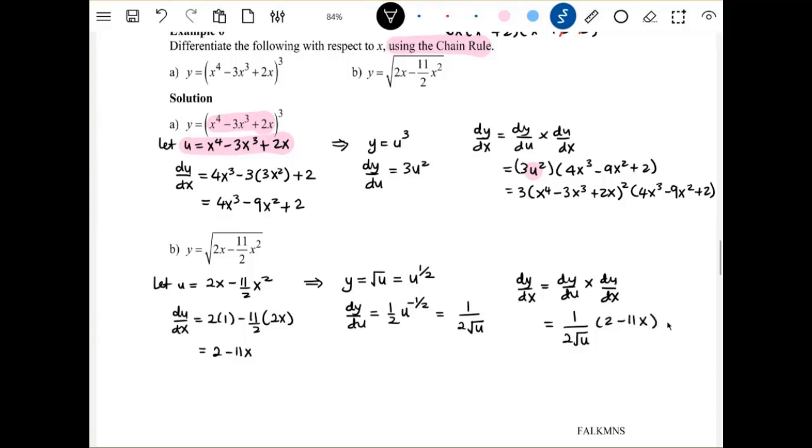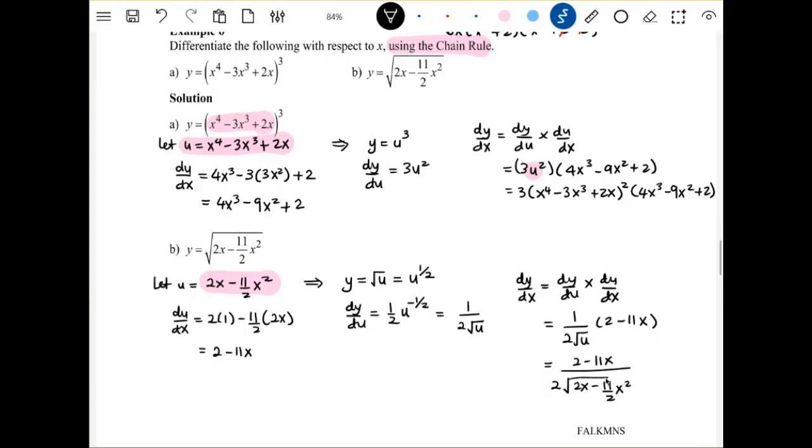Okay, so simplify by substituting u back in terms of x. So we will find the top part is 1 minus 11x. The bottom part is 2 square root, substitute back our u here, we get 2x minus 11 over 2x².